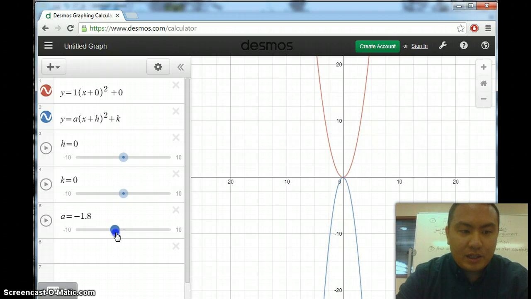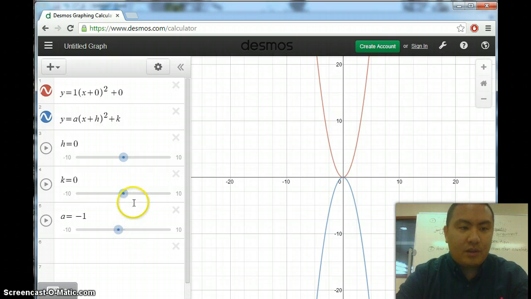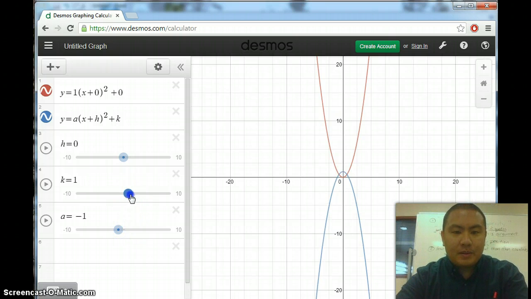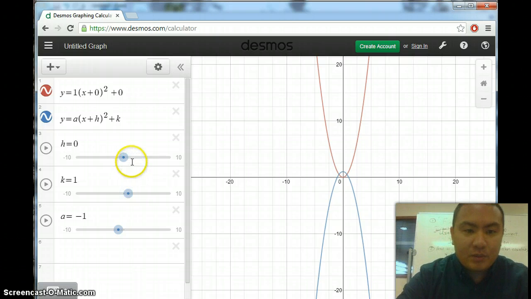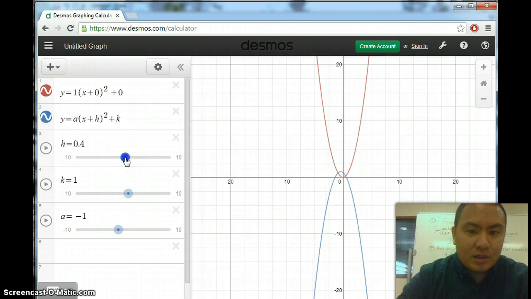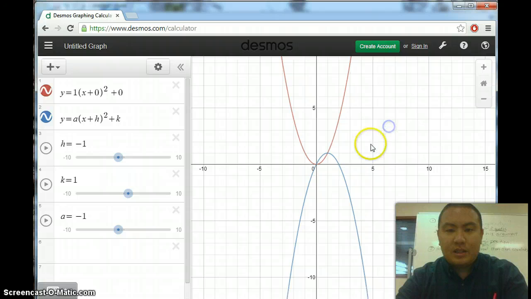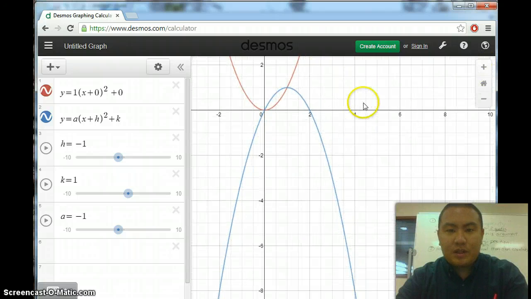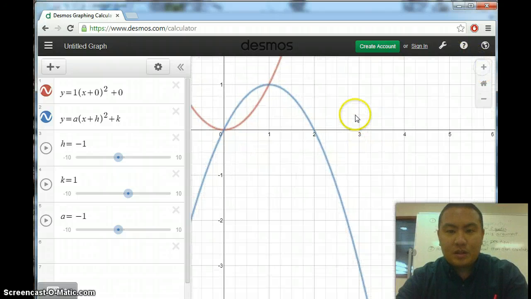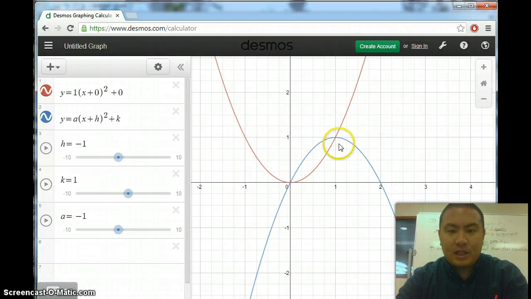So what if I move this k up? See, I can move up and down. What if I made this k 1 and then moved it to the right, so I have to do a negative 1h. That's how you would do that. Now when we zoom in here, we can look at how this would play out.